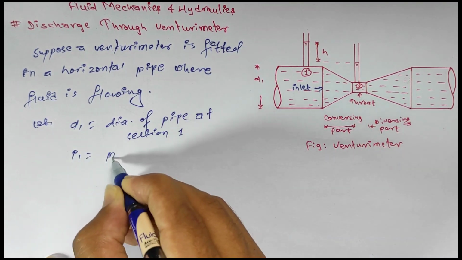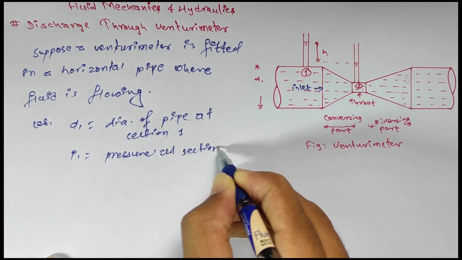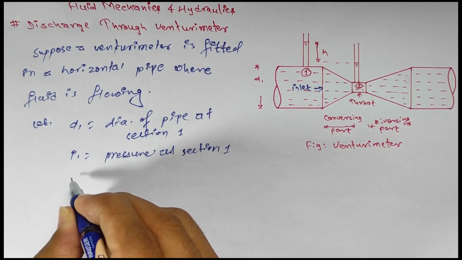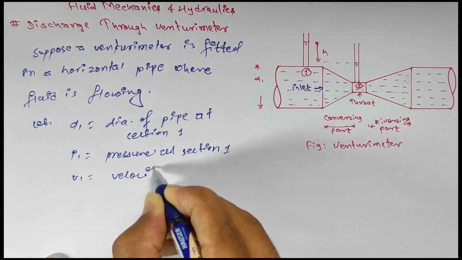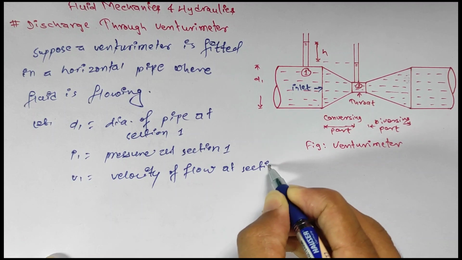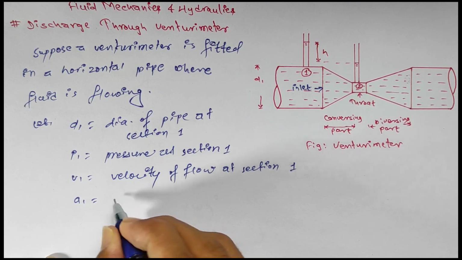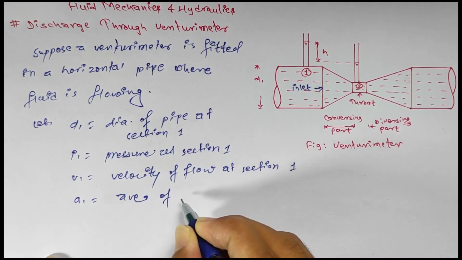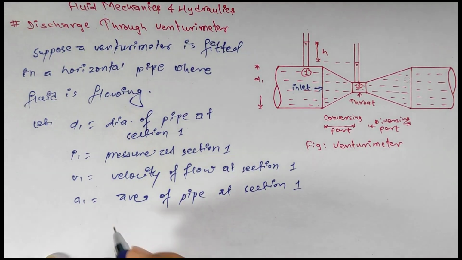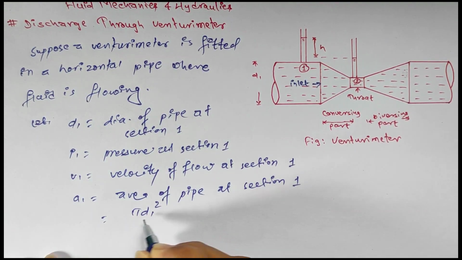Similarly, P1 be the pressure at section 1, V1 be the velocity of flow at section 1, and A1 be the area of the pipe at section 1. We can calculate the area from the diameter by using pi d square by 4.